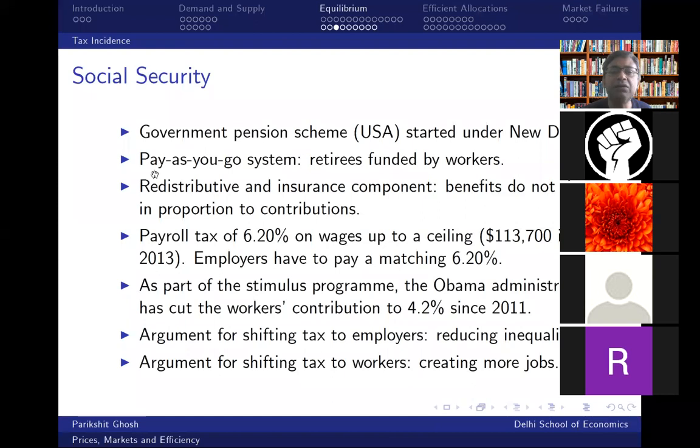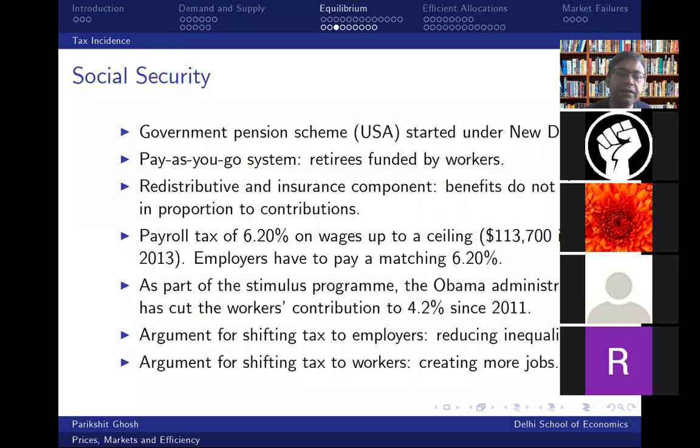Now, the payments are tied to people's contributions, right? So a worker whose wages are low and is paying lower taxes in absolute terms will also get lower benefits when he retires.